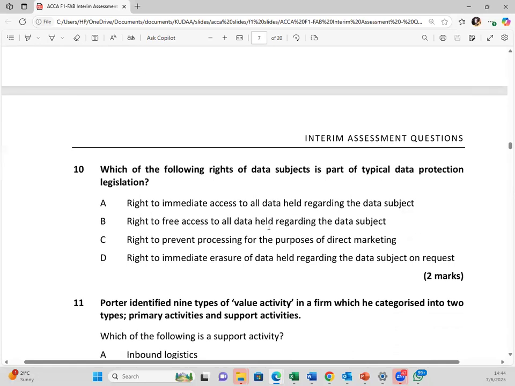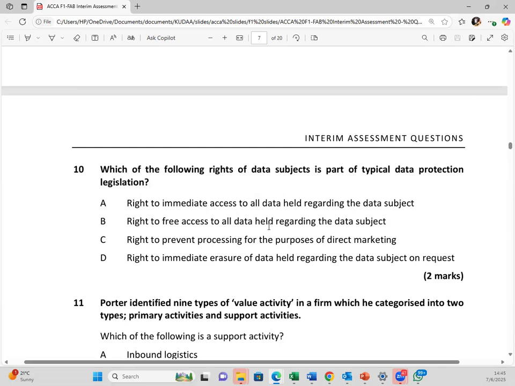Number 10, which of the following rights of data subjects is part of a typical data protection legislation? So which right can we talk about?